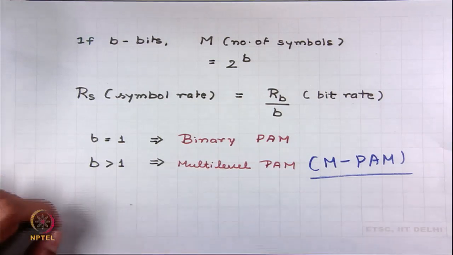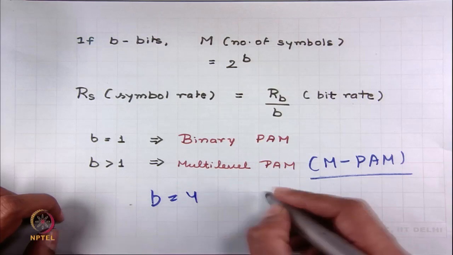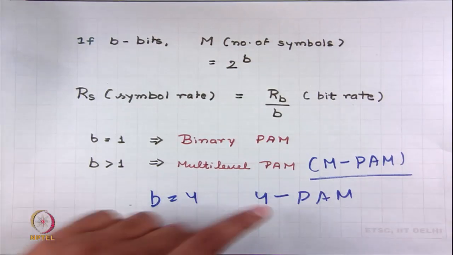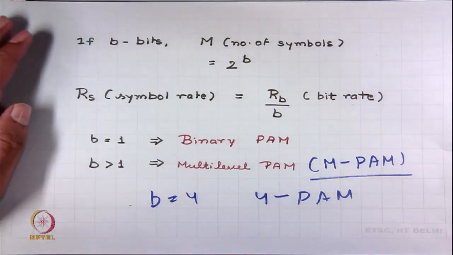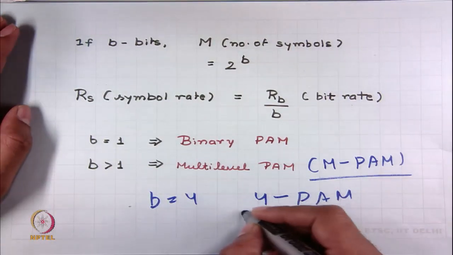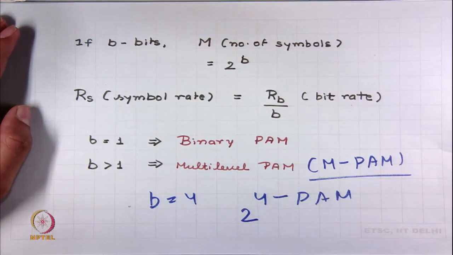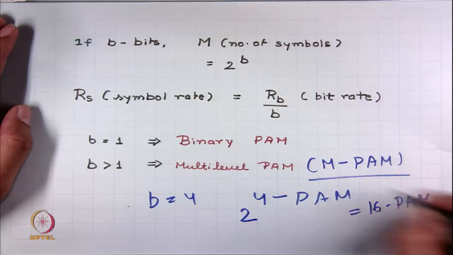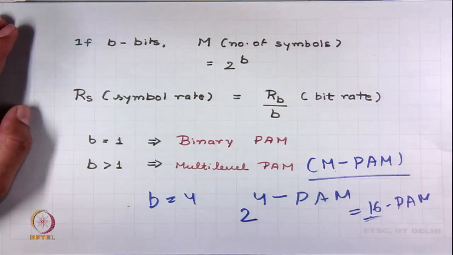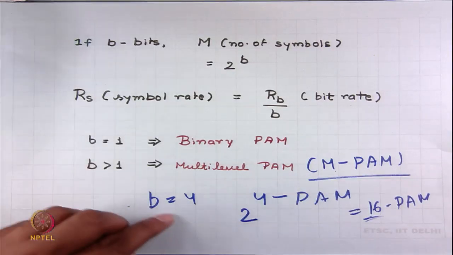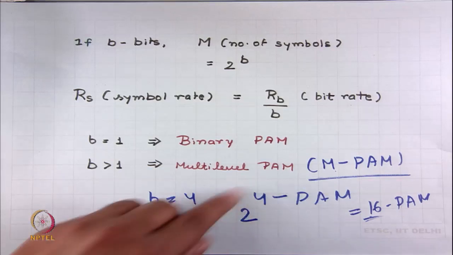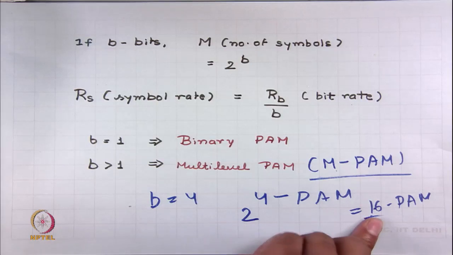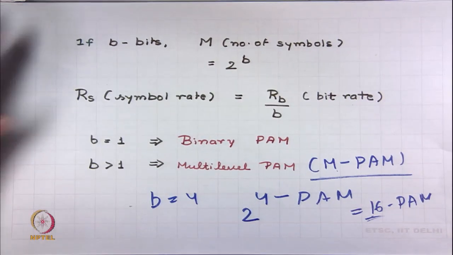For example, if B equals 4, then we are talking about 2 to the power 4 PAM, which is 16-PAM. Okay. So, M represents the number of multi-levels that you have. So, if B is 4, the total number of symbols that we have is 2 to the power 4, that means we are going to have 16 symbols. Okay.